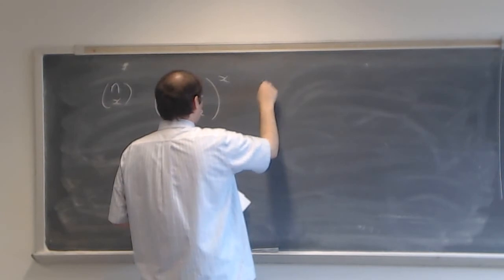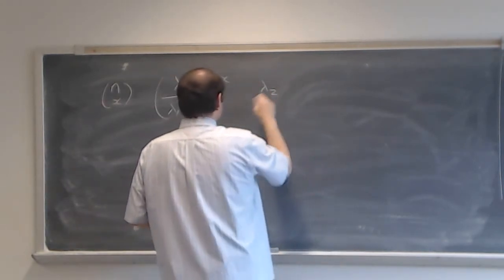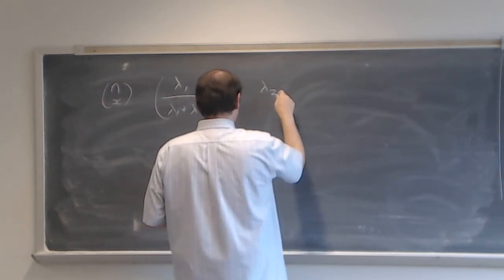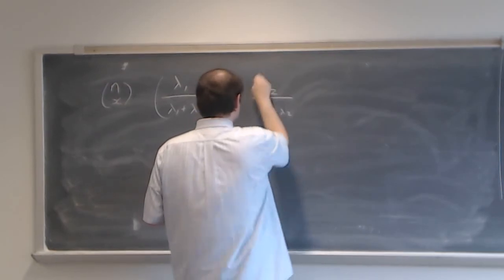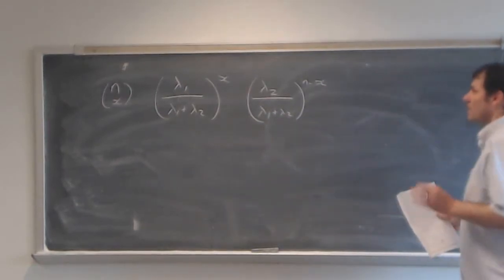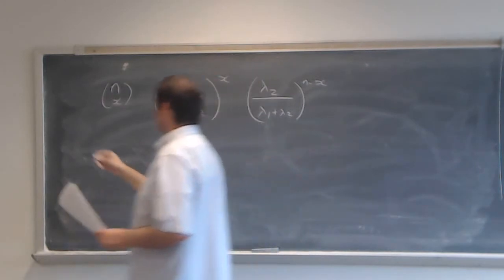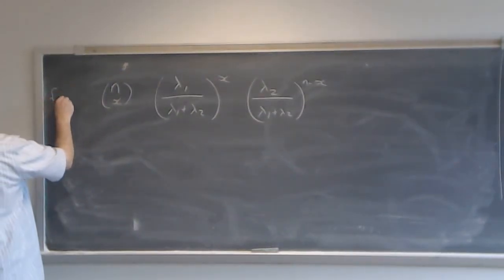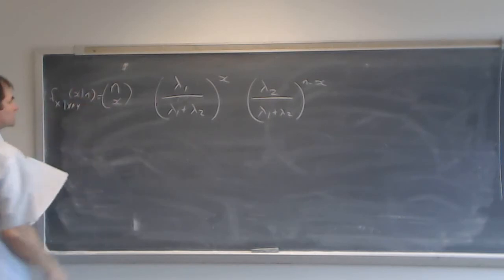And then lambda sub 2 over lambda sub 1 plus lambda sub 2 raised to the n minus x. When I write it down in that form, what was that? That was f of x given x plus y, equal to n. That's what this is.